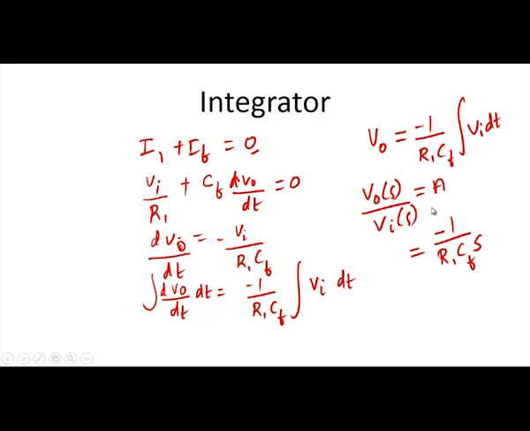S is equal to j omega. If you substitute S is equal to j omega, it is 1 by R1 CF j omega. We know that omega is the angular frequency 2 pi f.